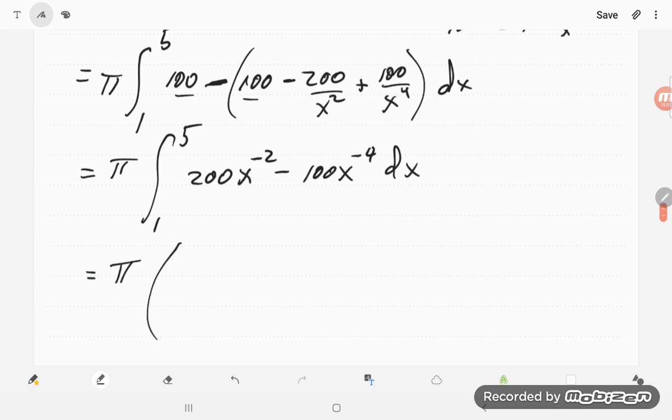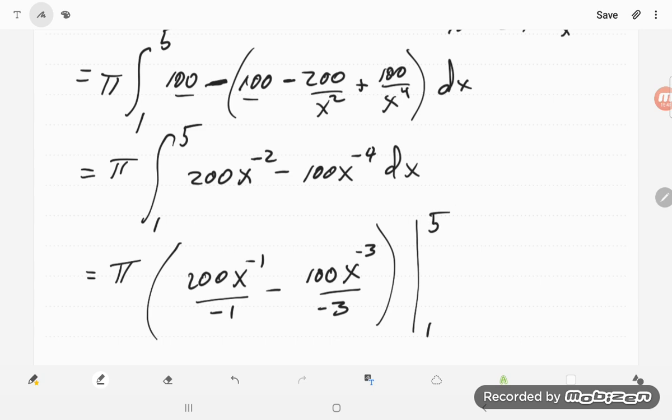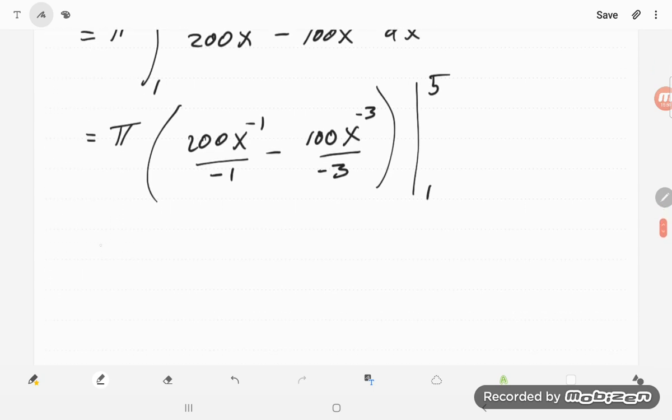And remember to add, so I've got 200x to the negative 1 over negative 1, and then minus 100x to the negative 3 over negative 3, and that's from 1 to 5. Okay, putting the 5 in, so we've got pi.